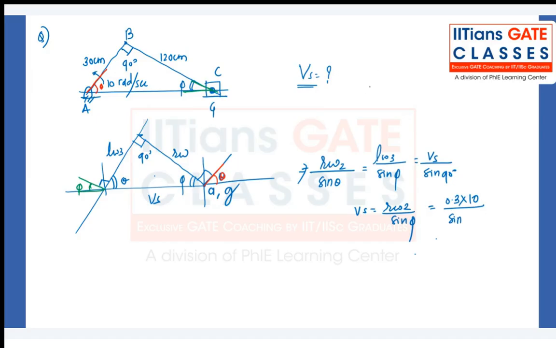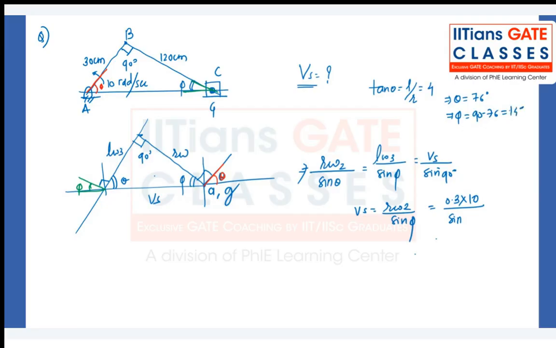What is tan theta? Tan theta is perpendicular divided by base. That is, tan theta is L by R. So that is 4. So theta is equal to 76 degree. Phi is 90 minus 76, which is 14 degree.